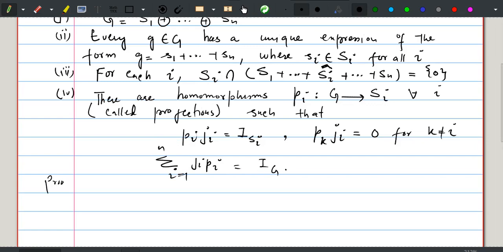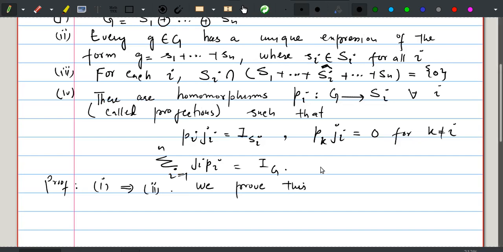Now to prove this, first we are going to prove first implies second. We prove this by using induction on n.